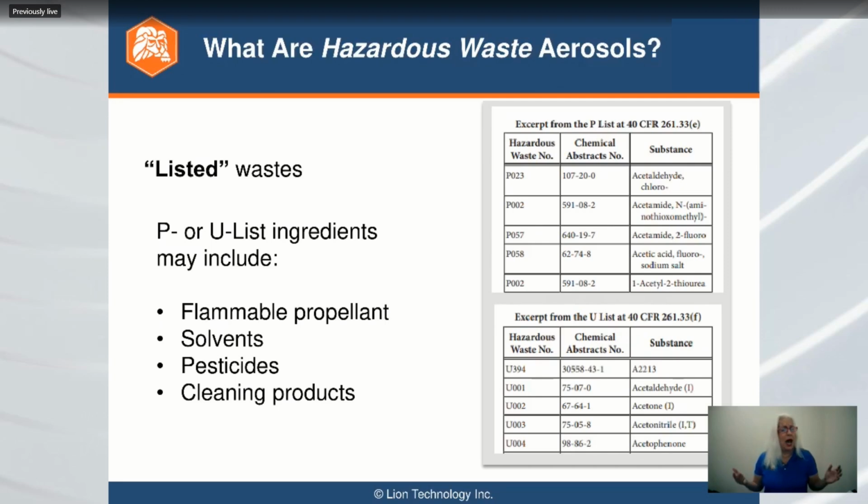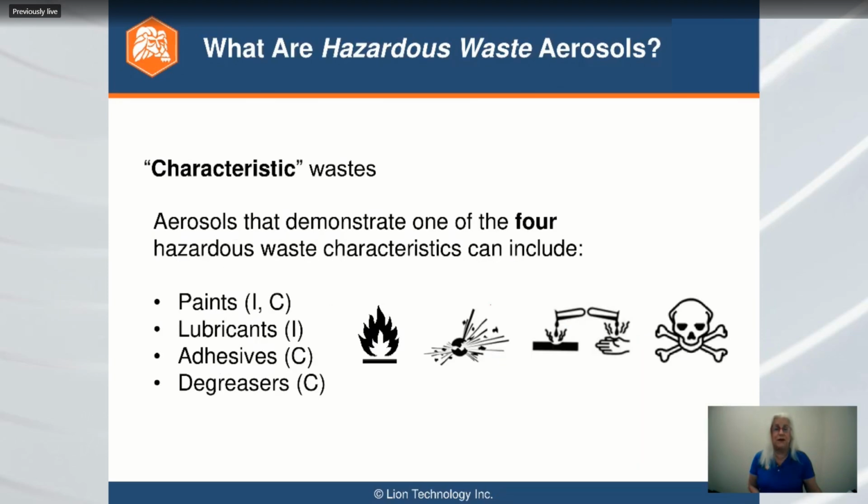Our solvents, acetone, methanol, certainly pesticides, and keep in mind that many of your pesticides are P-listed acutely hazardous waste. Not all of them, but many of them are. And then your typical cleaning products as well, right? So any of these could have a P or a U listed waste code.